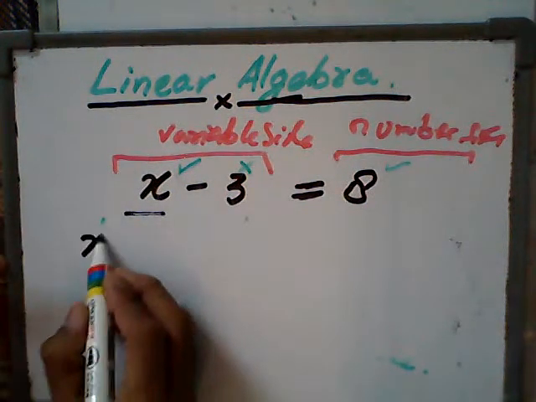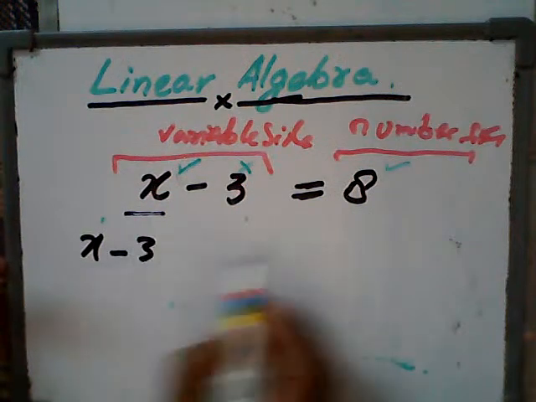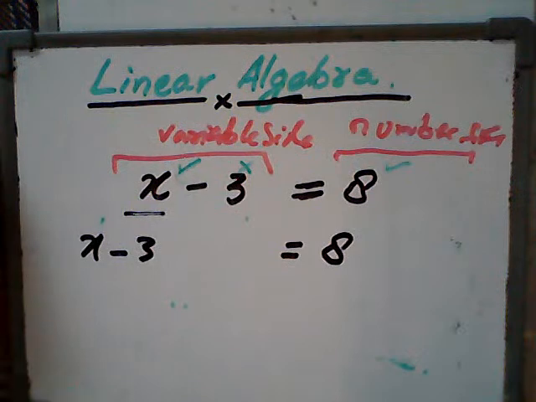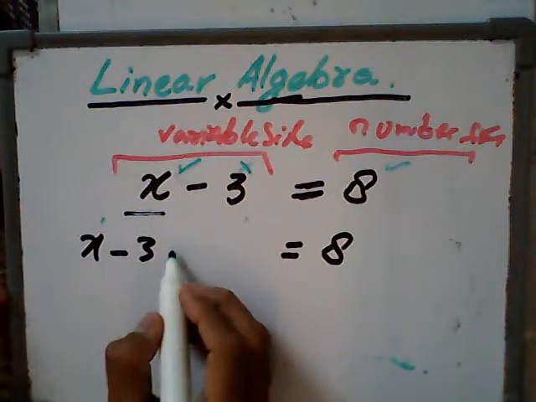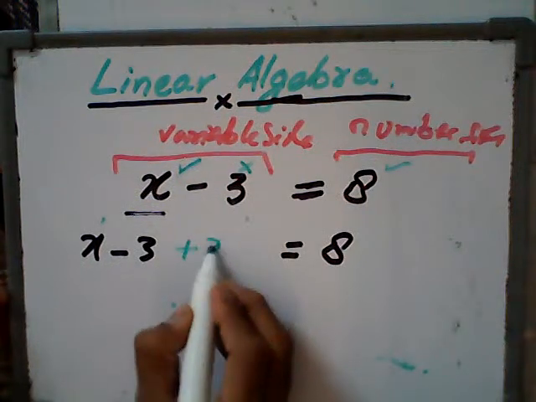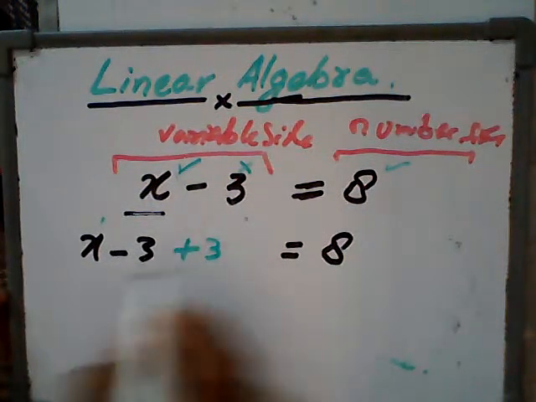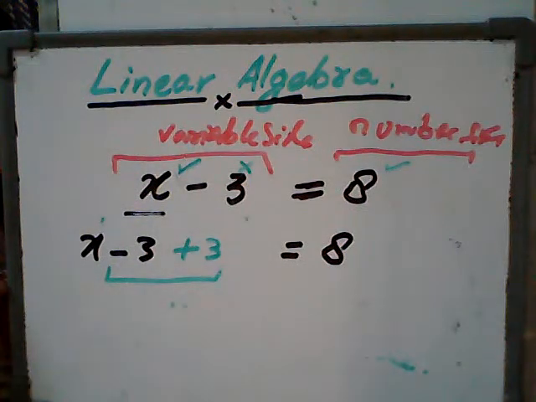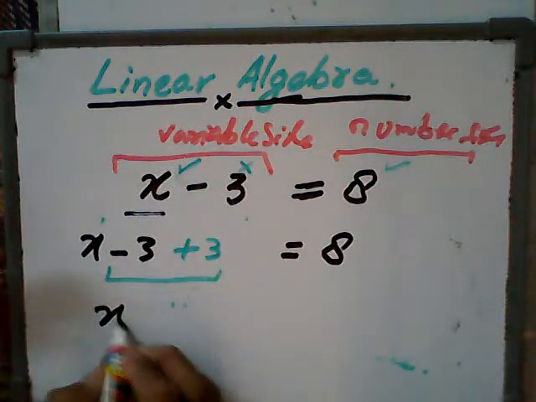So what will we do? We write -3 again. But to remove -3, what will we do? We'll add +3. And -3 plus 3 gives us 0, and 0 means nothing. So that's why we will have a balanced equation with x only.